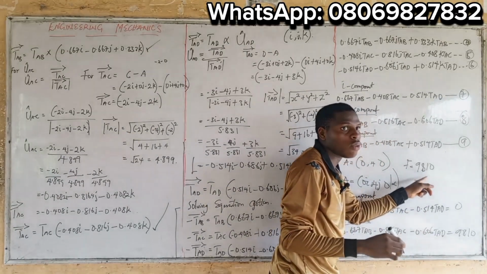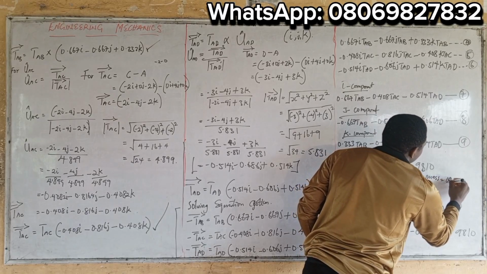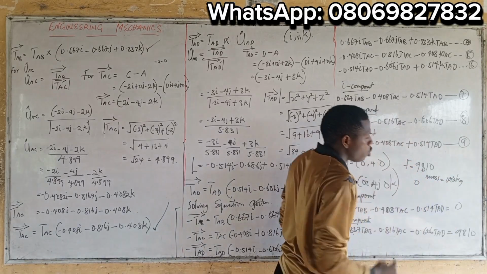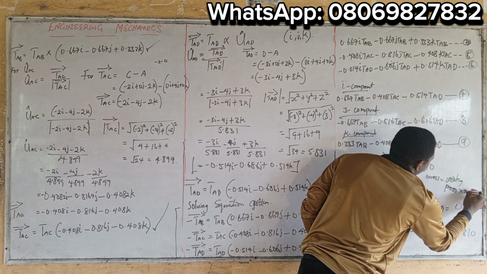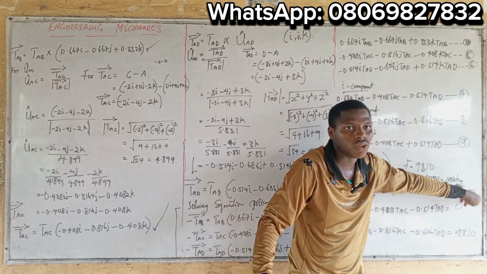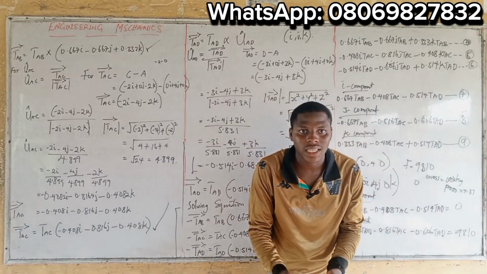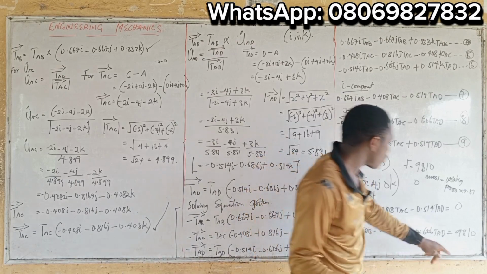You had a particular figure for your force, which they gave you the mass to be 1000 kilogram. So we now use 1000 kilogram times 9.81, acceleration due to gravity. You can use 9.81 or you can use 10 meter per second square, depending on what you are given in your exam paper.